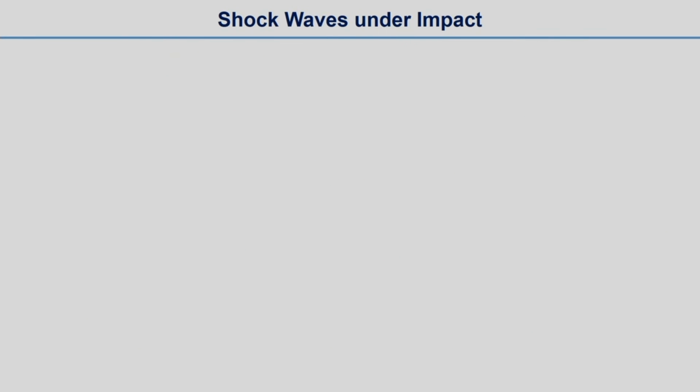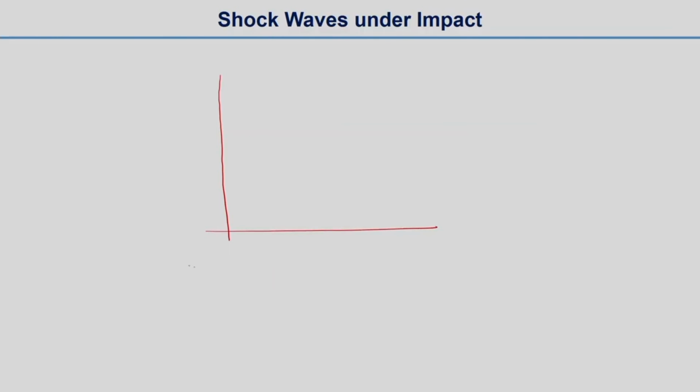At last in this lecture we will talk about the shock response for 3 different cases. This curve is sigma x variation with 1 minus V by V naught.